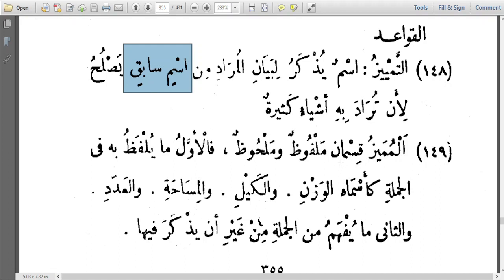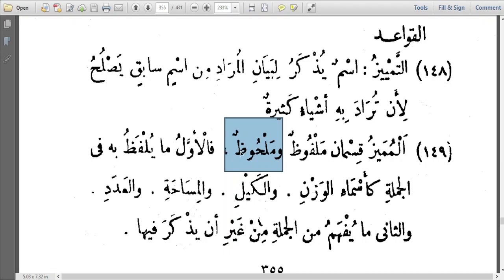So it says al-mumayyazu kismani malfuzun wa malhuzun. One is pronounced in the sentence. You can see that this is the vague noun that requires clarification, and the other is malhuzun, it is appreciated from the sentence, it is perceived from the sentence. It is not just a word that you can say this is the mumayyaz, you just appreciate it from the sentence.